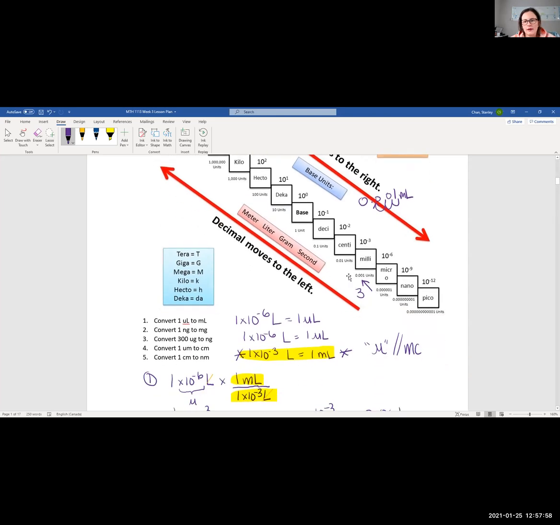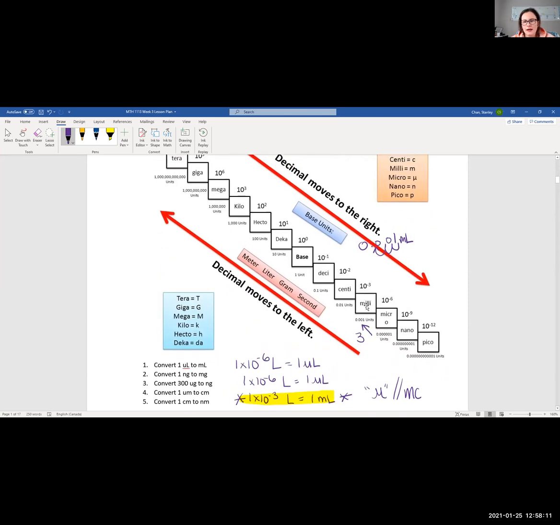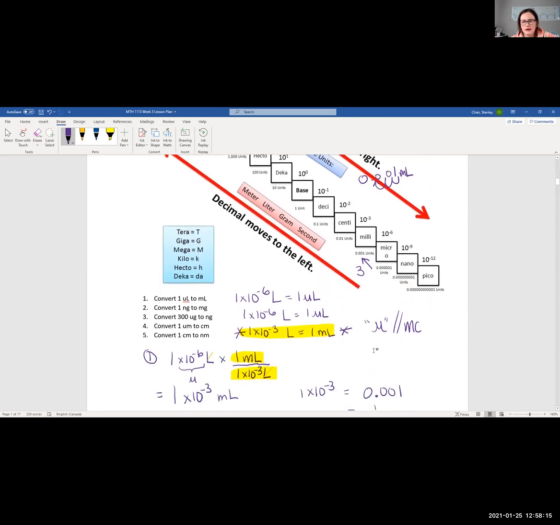Because we're jumping from -6 to -3, that means we're jumping 3, so the decimal moves 3 spaces to the left. So that's what Sandy was saying. That's another way of doing it, and it's much simpler like that.